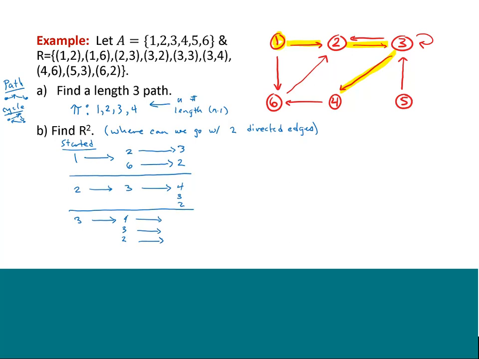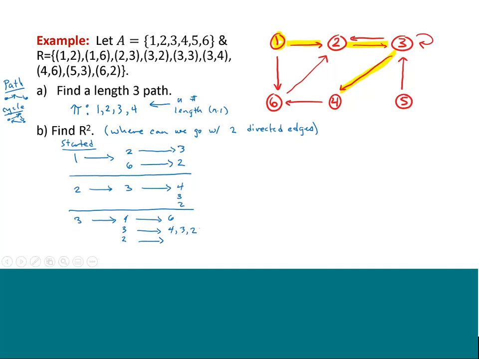Now, the easy one is if you take this little loop and you stay at 3, well, you have the same 3 options. You could go to 4, you could stay at 3, or you could go back to 2. Okay? Now, what happens if at 3 you go to 4? So getting that first one we skipped. So start at 3, go to 4. Where can we go next to pick up the next edge? We could go out to 6, and that's the only option there.